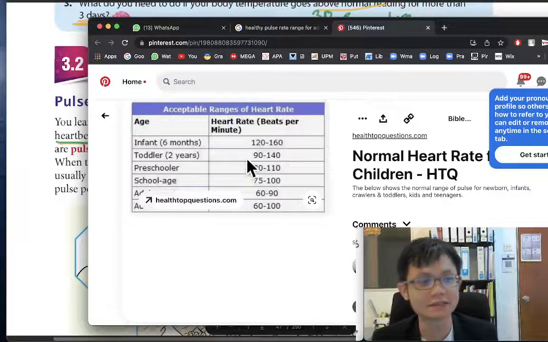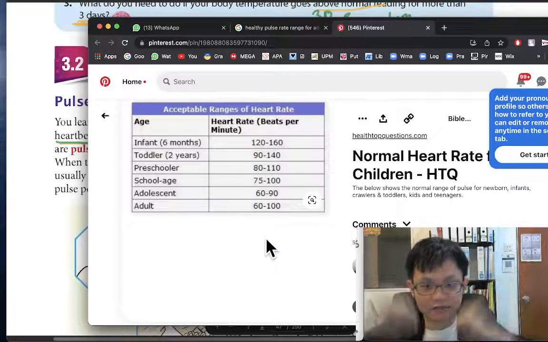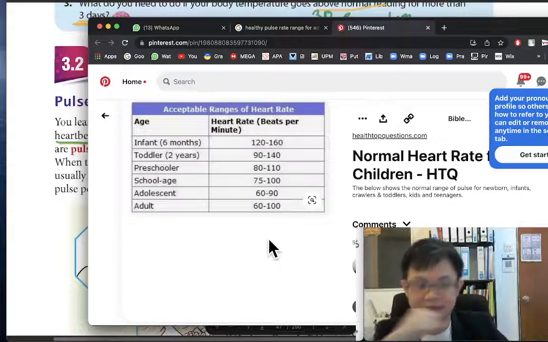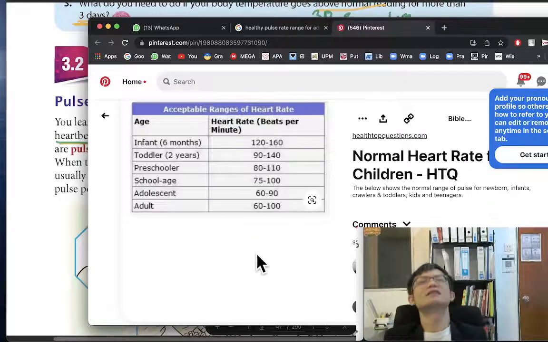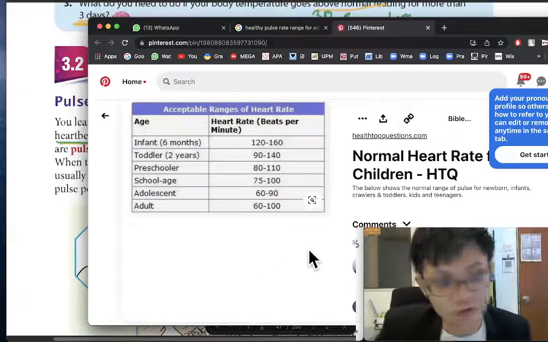Too high means you exercised a lot, then it will go up until very high, or you relax a lot, very relaxed, it will go until very low.